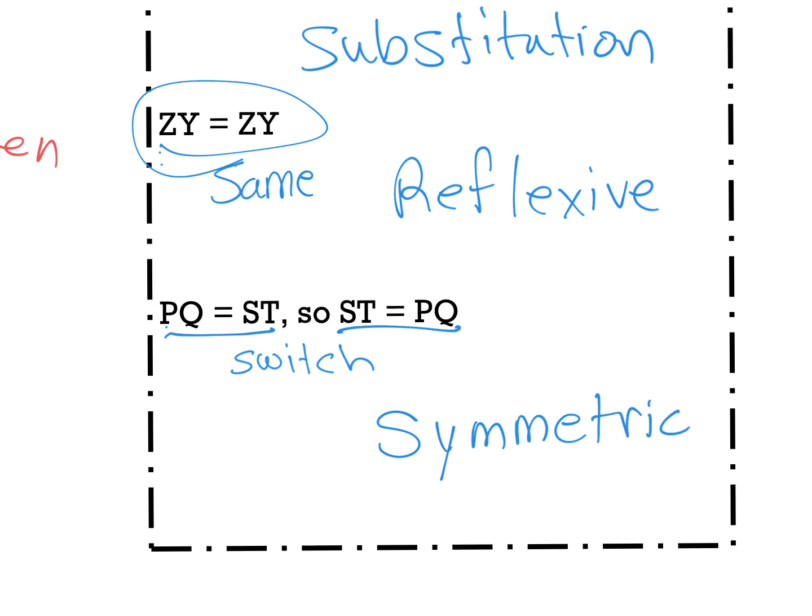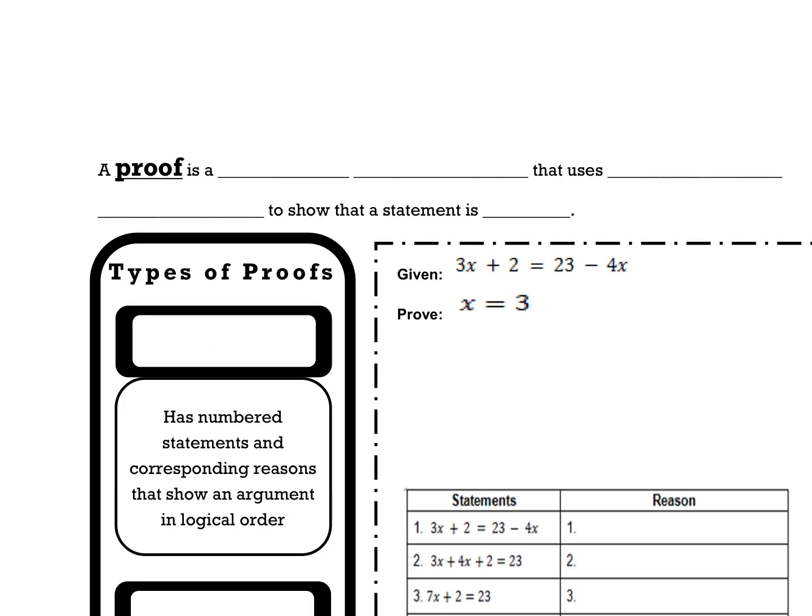All right, let's go to the next slide. A proof is a logical argument that uses deductive reasoning to show that the statement is true.